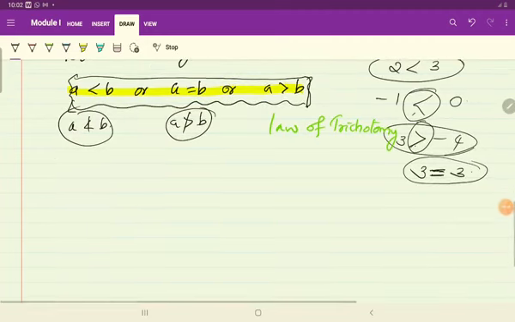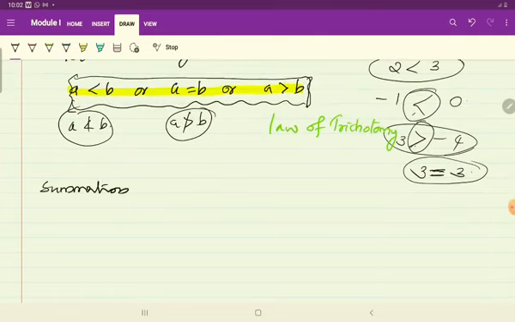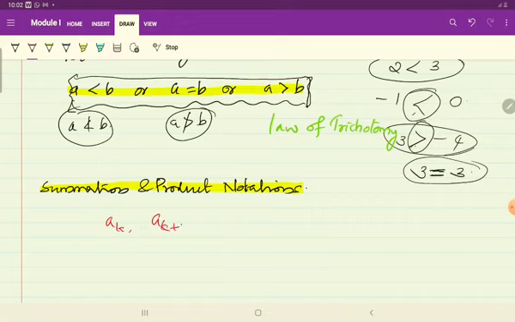Now next we have to look at section 1.2, that is summation and product notations. These are just the notations used for writing the sum of some numbers. For example, suppose there are numbers ak, ak plus 1, etc., am, and we have to add them. Let us denote the sum ak plus ak plus 1 plus etc. plus am.